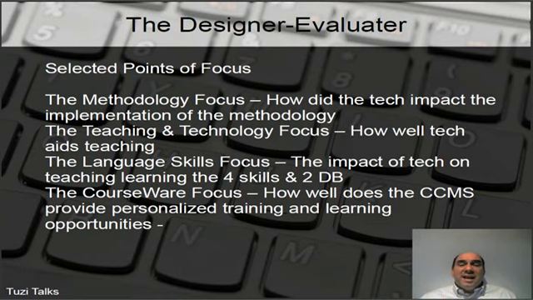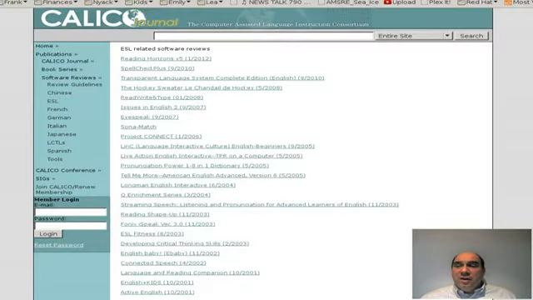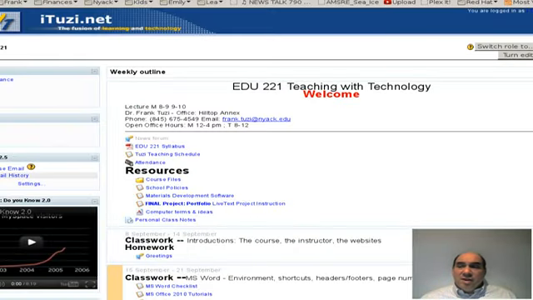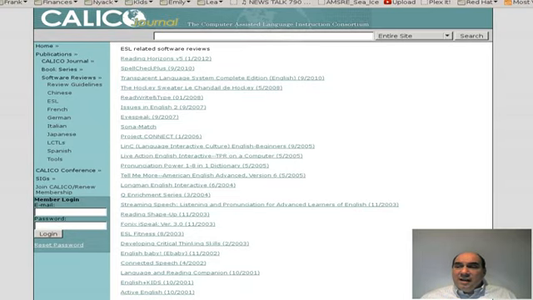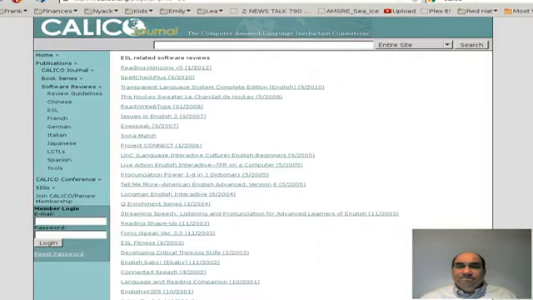So, for example, in Moodle, there's a sub-program called the Moodle Reader. So let's just go find it. And the Moodle Reader is, can't find it.